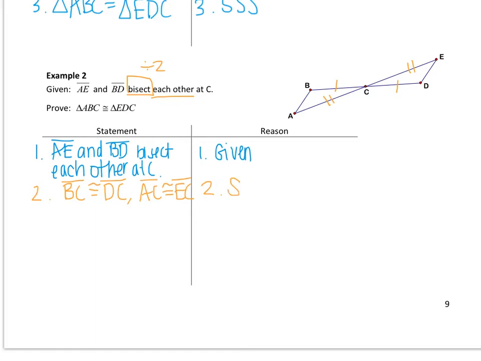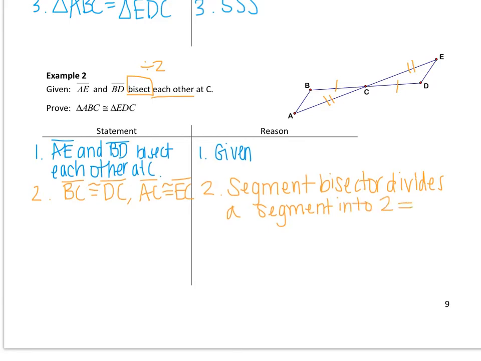So here I've got segment bisector, divides a segment, into two congruent segments, at the midpoint.